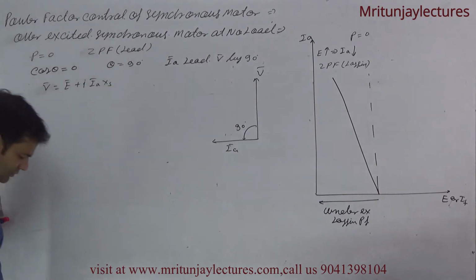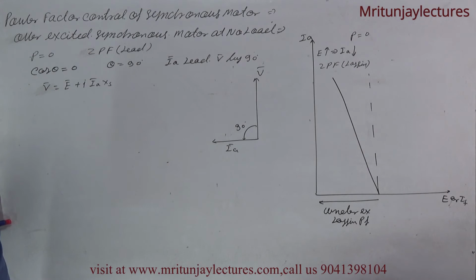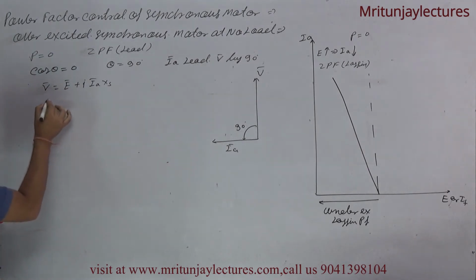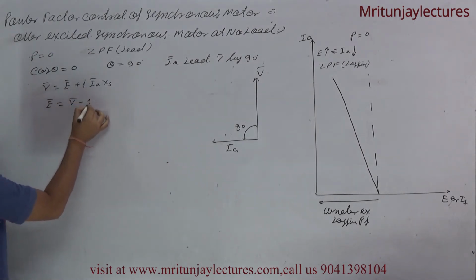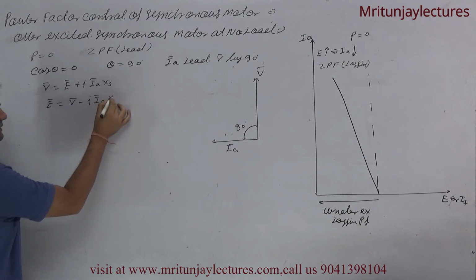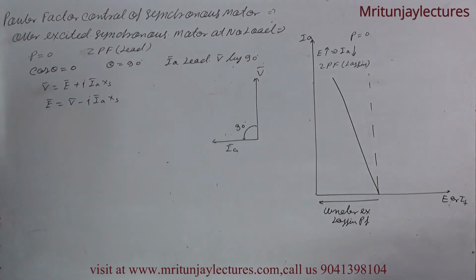Terminal voltage V is equal to E plus J into IA into X. Now E is written as V minus J into IA into X. Now how to draw the phasor corresponding to this one?